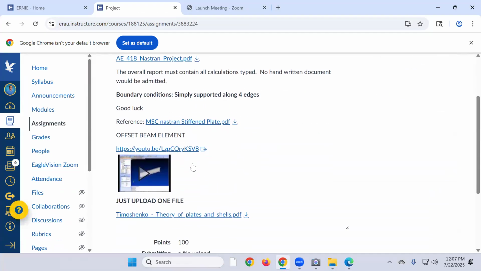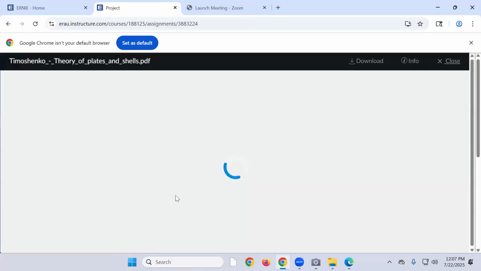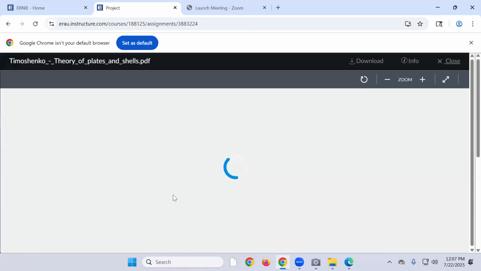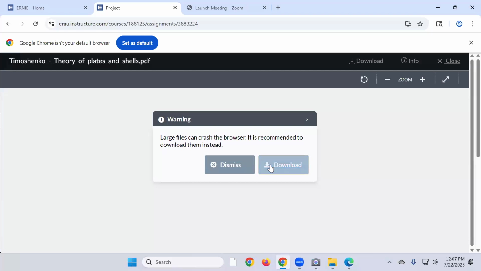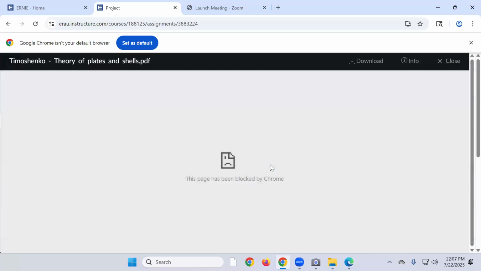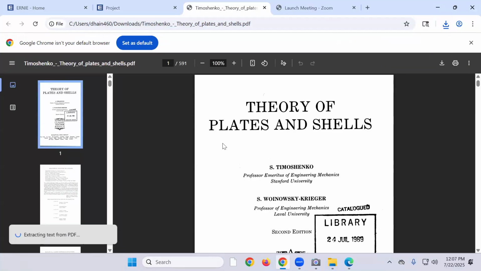You will open this file, or you don't have to use this book, but this is the most classic. You go to Timoshenko, this book, basically. It's an old book.